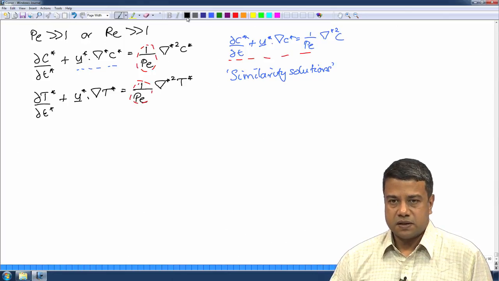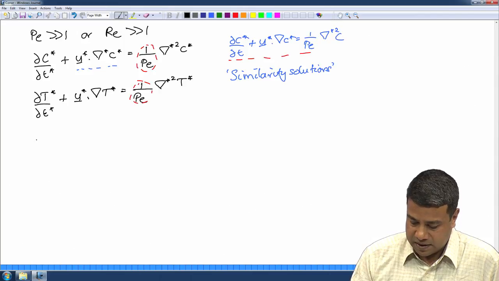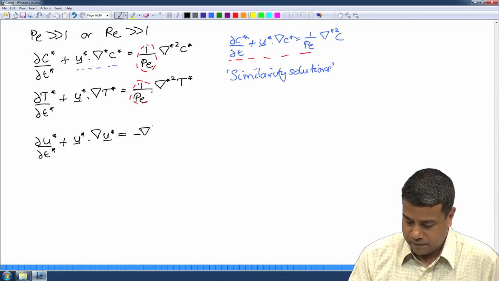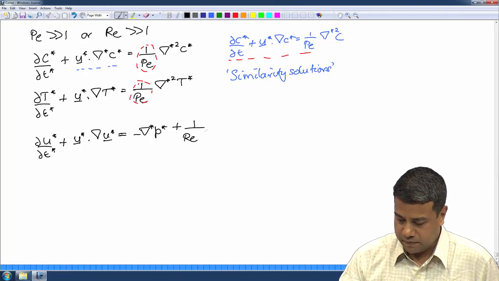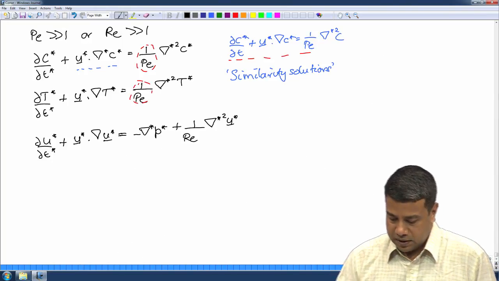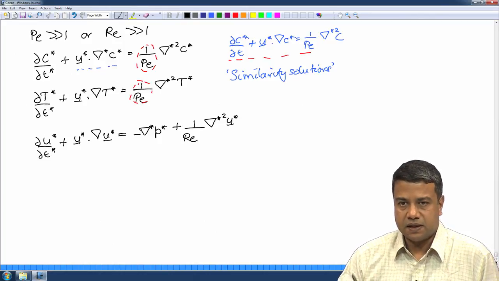A similar situation holds for momentum transfer. The equation, if I scale it by the inertial scales, in this case, in contrast to what I had defined earlier, when I had scaled the pressure by the viscous scales.